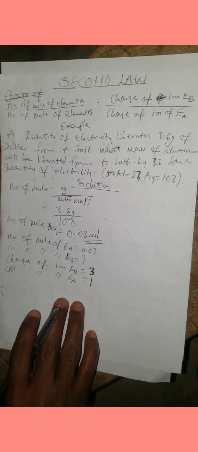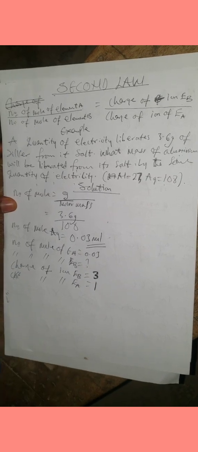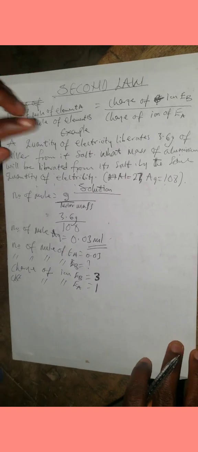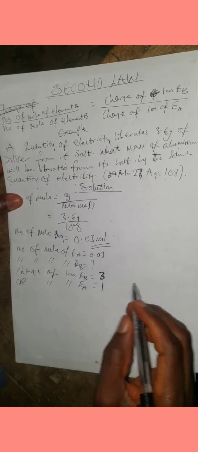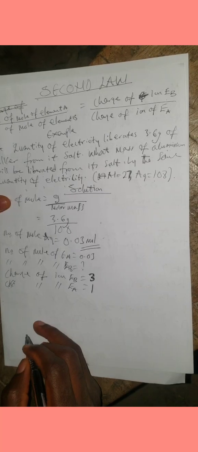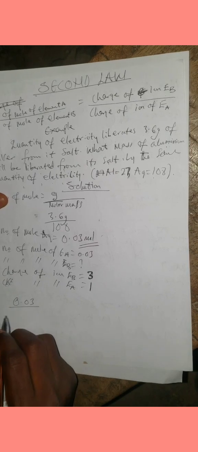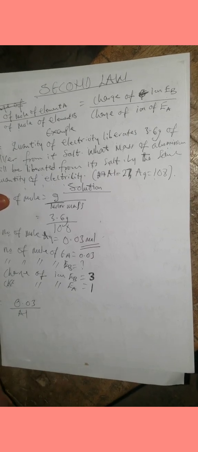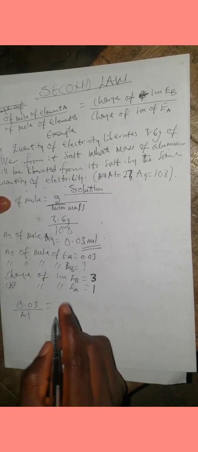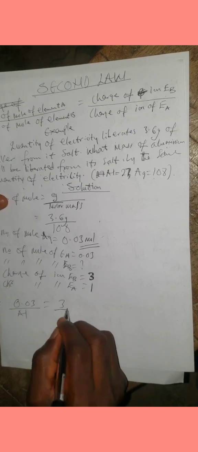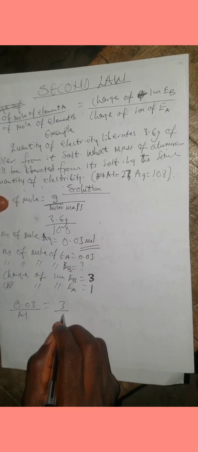So you go to the formula now. We want to look for the mole of element B. When you get that, you will be able to look for the mass. Now let's apply them into the formula. This will now be 0.03 divided by Al, because we are looking for the one of aluminium, equals the charge of element B, which is 3, divided by that of element A, which is 1.